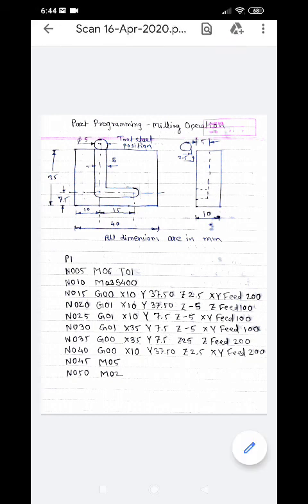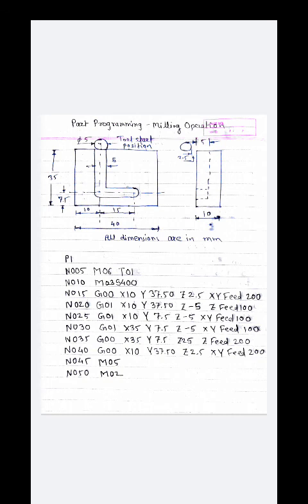First one is program setup, second one is chip removal, third one is system shutdown. Okay, so in such a way you are supposed to do part programming. Here you can see the tool start position is given, but many times they don't give it. At that time you are supposed to assume the tool position, and then do the programming.